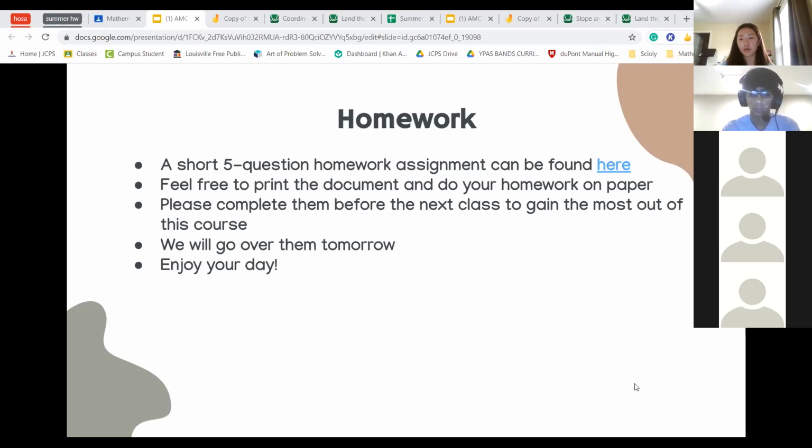On the homework? Oh, on the homework. We're going over that tomorrow. So questions about the homework itself from today will be going over tomorrow.